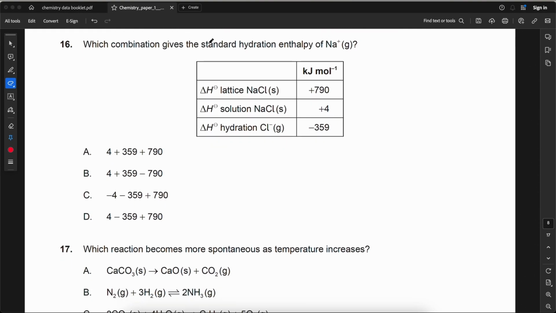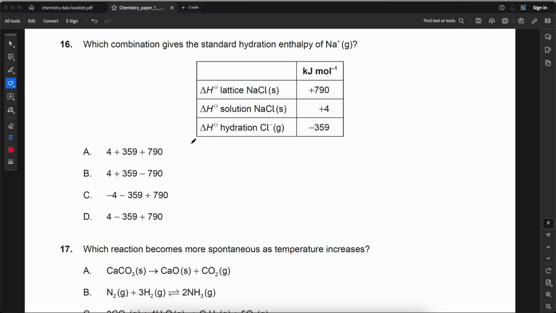Which combination gives the standard hydration enthalpy of Na plus gas? So there are lattice enthalpy of NaCl, solution enthalpy of NaCl, and hydration enthalpy of Cl minus.